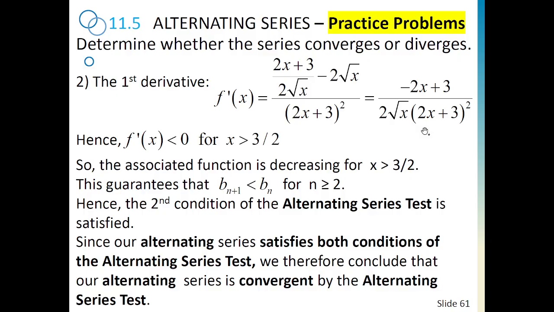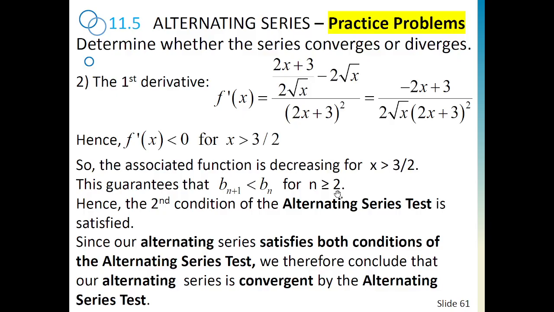Downstairs everything is positive, and upstairs the expression will be negative if x is bigger than 3 over 2, which is 1.5. So as soon as x is bigger than 1.5, this expression is negative, which means the function is decreasing for x bigger than 1.5. For our situation, our terms will be decreasing for n greater than 2.